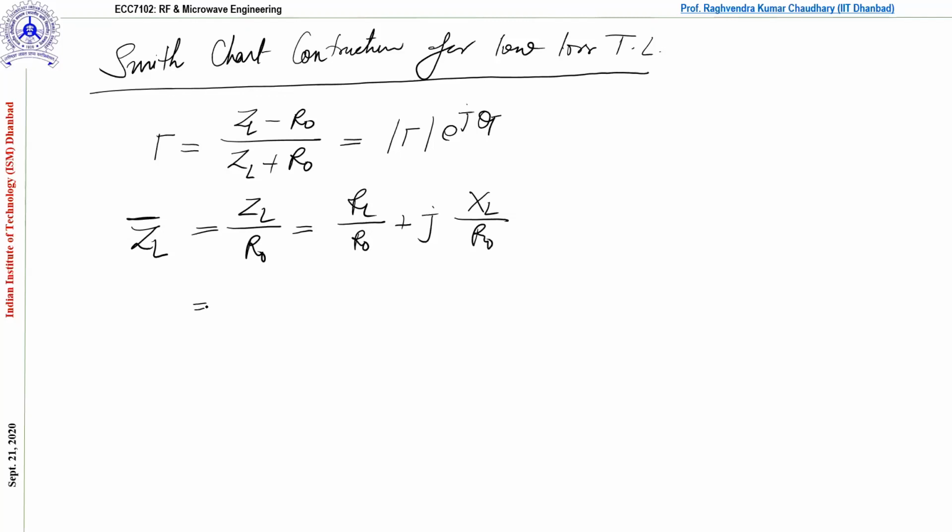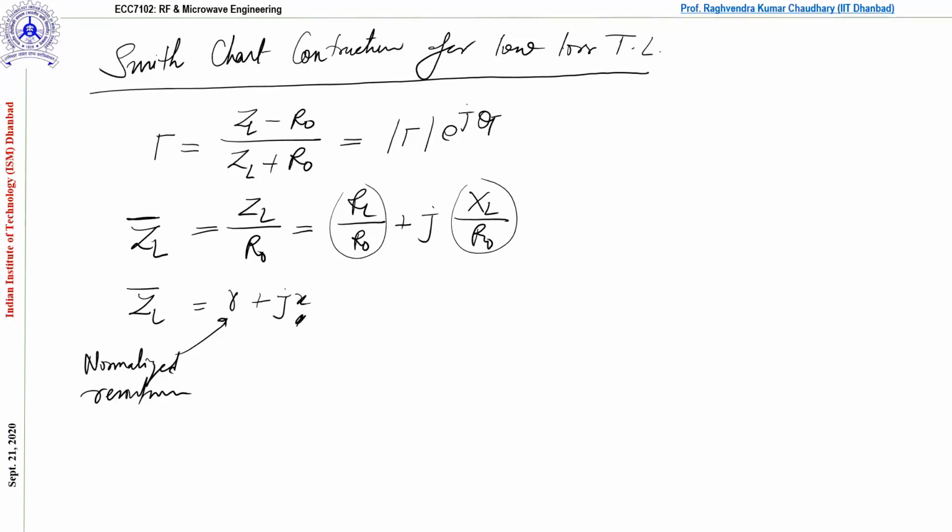So finally, these terms could be written as small r plus jx, where small r is the normalized resistance and this is the normalized reactance.